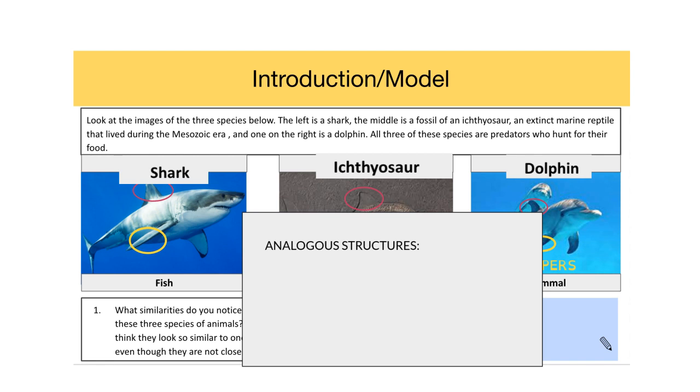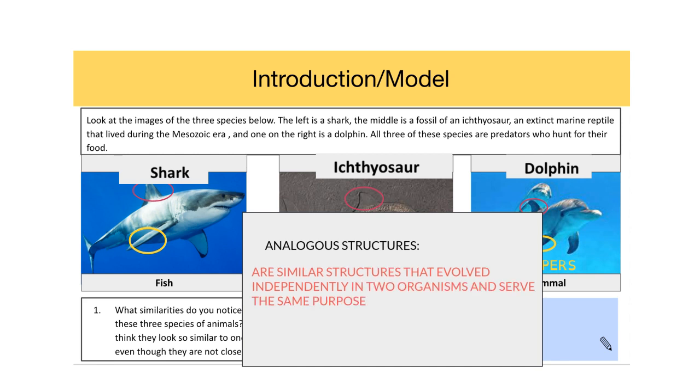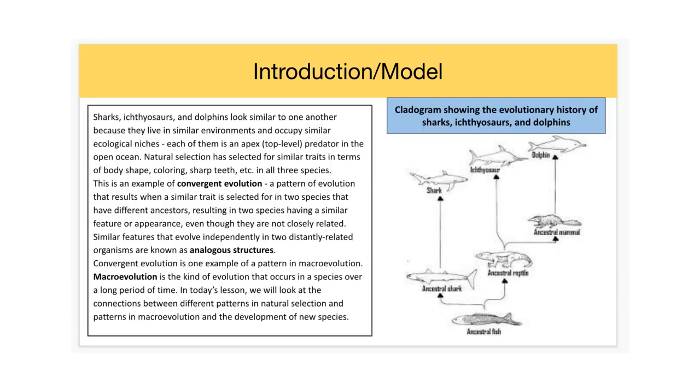Analogous structures are similar structures that evolved independently in two organisms to serve the same purpose. In this case, the structures serve these three organisms to hunt efficiently. One characteristic of these structures is that they are not exactly the same and they were not inherited from the same ancestor, but they developed independently.